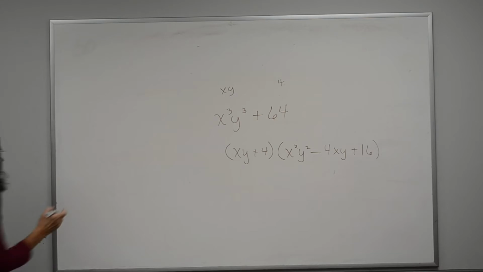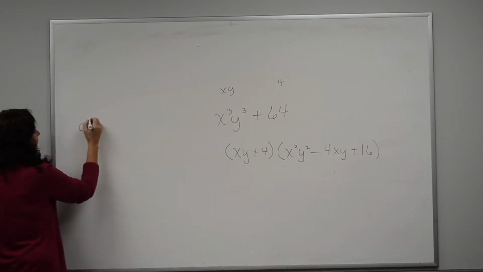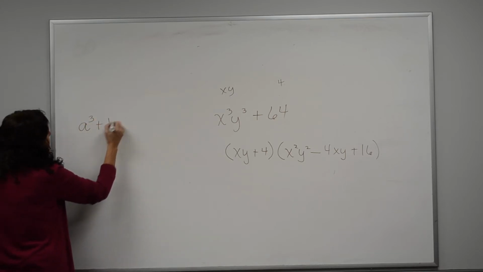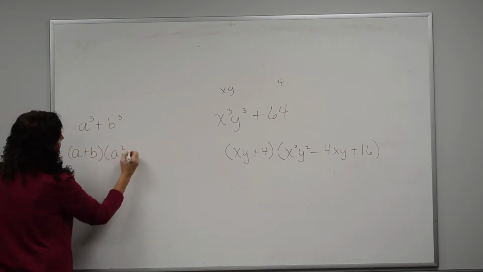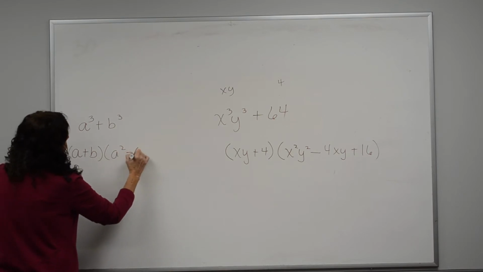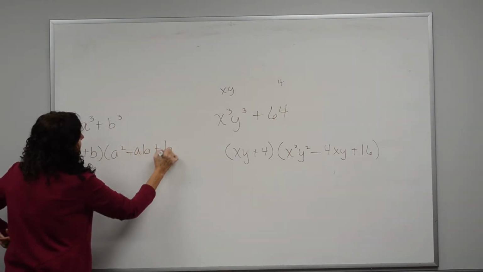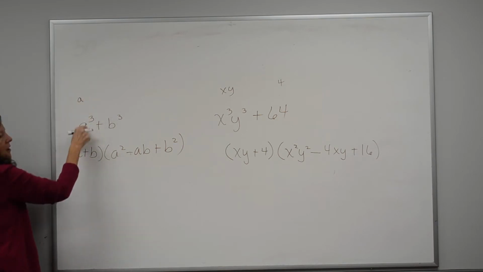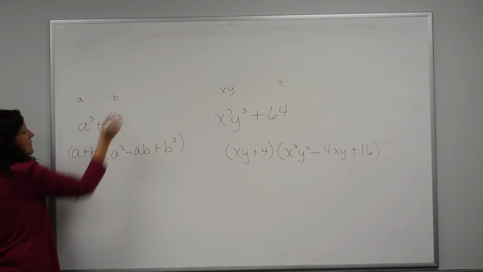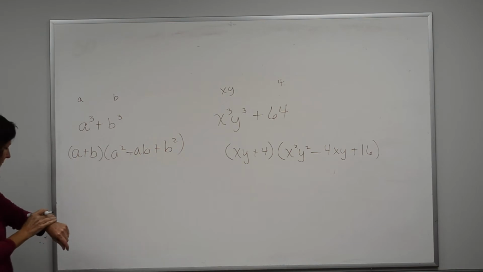Okay, the layout looks like this. a cubed plus b cubed always equals a plus b times a squared minus a times b plus b squared. Understanding that a is the cube root of that and b is the cube root of that. Okay?